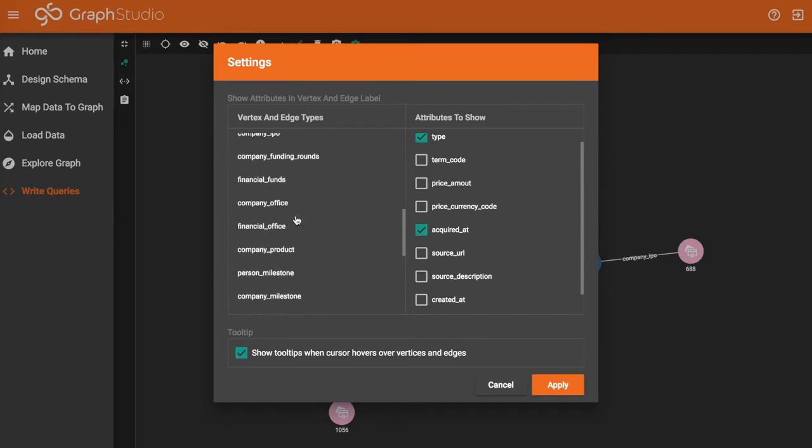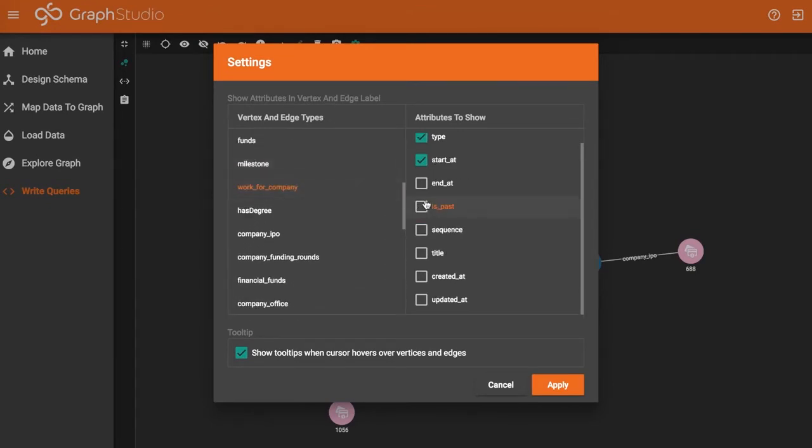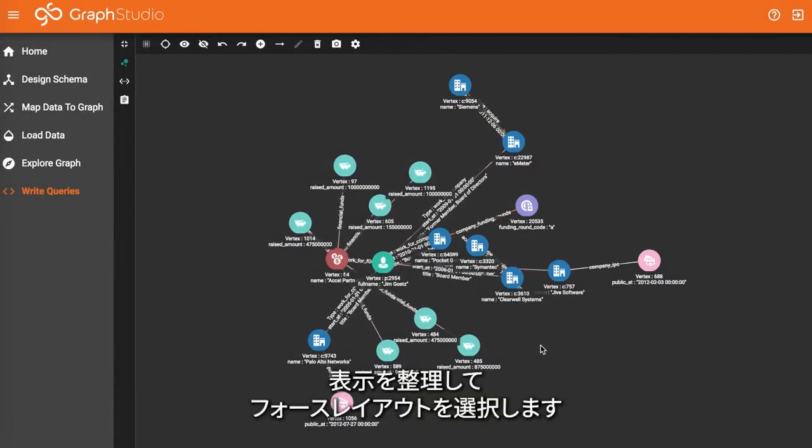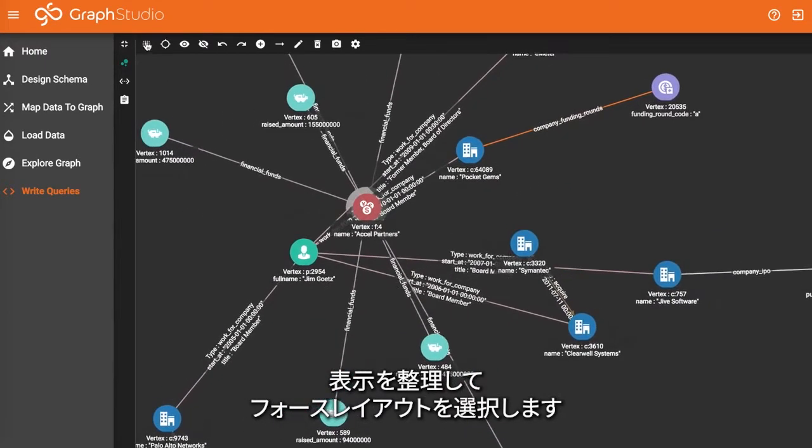Here we go. IPO. Okay. Now let's clean up our display a little bit. We'll select the force layout.